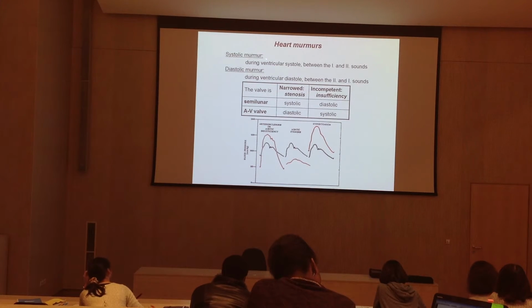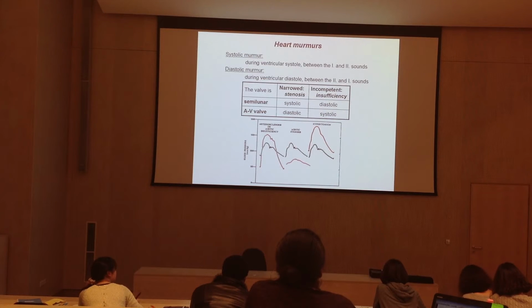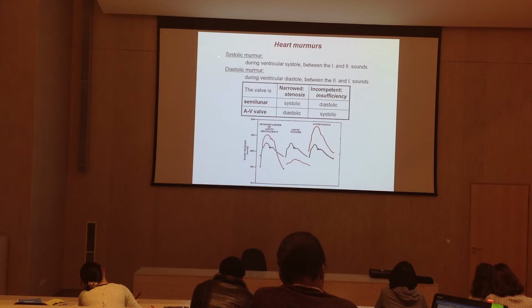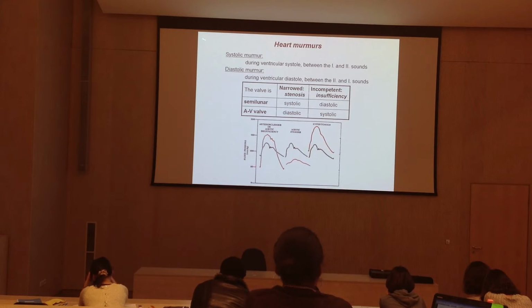And we can mention the systolic murmur, which can be listened to during the ventricular systole, and we can listen to the diastolic murmur during the ventricular diastole, and the differentiation of which one is the systolic murmur and which one is the diastolic murmur depends on the location of the murmur.